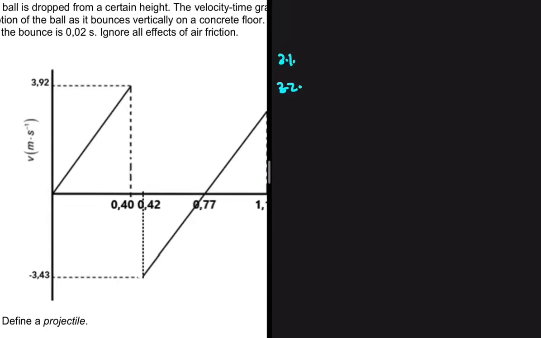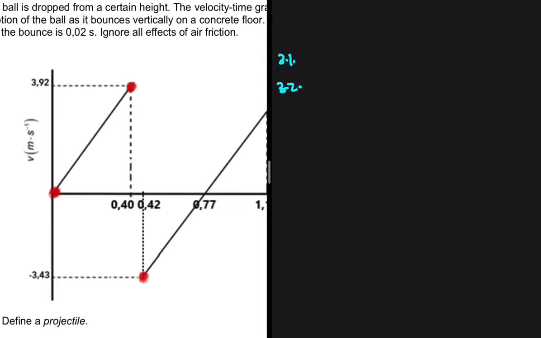Our ball is dropped from a certain height with this velocity right here, which is equal to 0. And then when it strikes the ground, it is striking the ground at 3.92 meters per second. And then it spends 0.02 seconds in contact with the ground and leaves the ground with a velocity of 3.43 meters per second upwards.